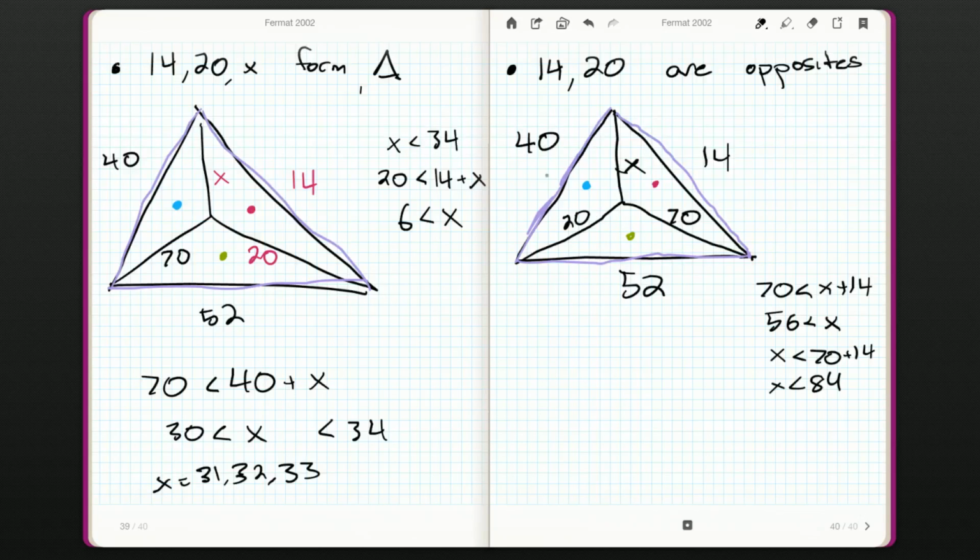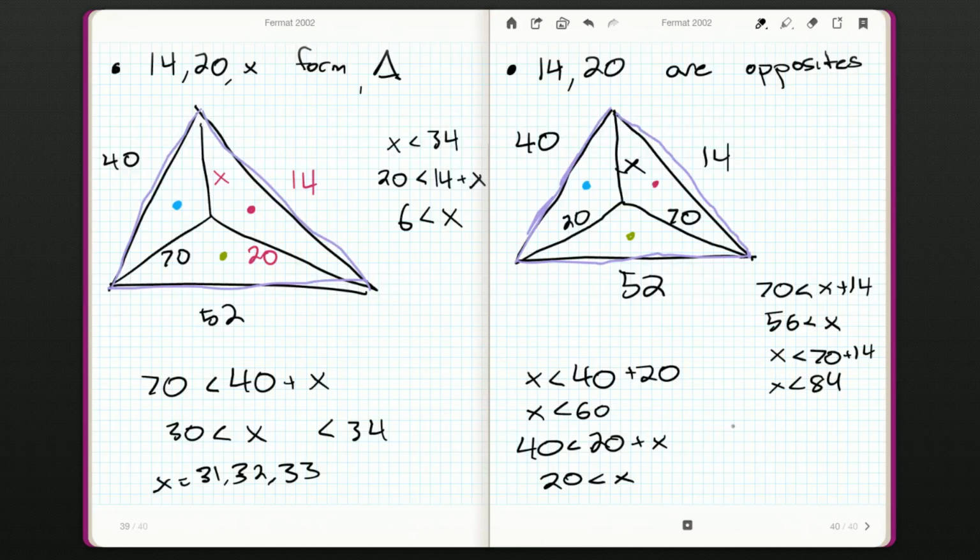And now 40, 20, and x, that needs to be a triangle. So x has got to be less than 40 plus 20, which is 60. And we also have to have 40 is less than 20 plus x, or 20 is less than x. Okay? So if we take a look and overlap all of these inequalities, they have to be true in order to make a tetrahedron in this case.